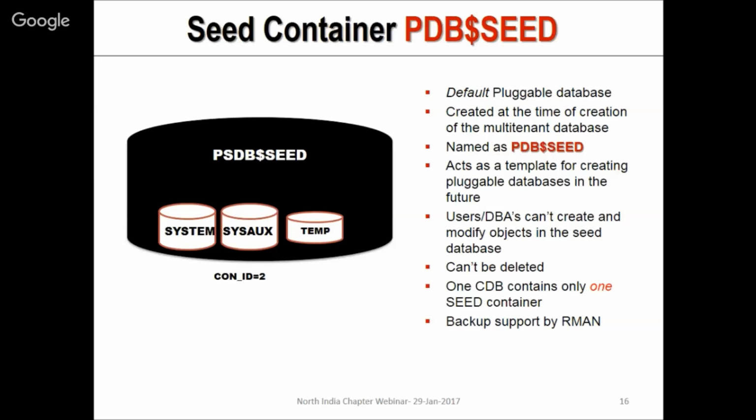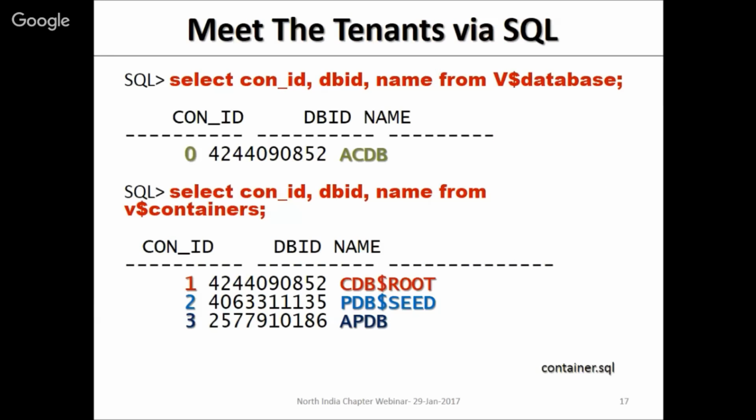Now, moving on to the next part, that's how we can see whether our database is available to us as multitenant or not. I've already shown the examples here. You can go to V$DATABASE and see the CON_ID, and of course, you have a column there called CDB, which tells you whether you are a container database or not.